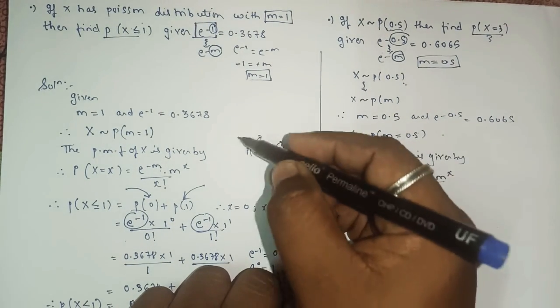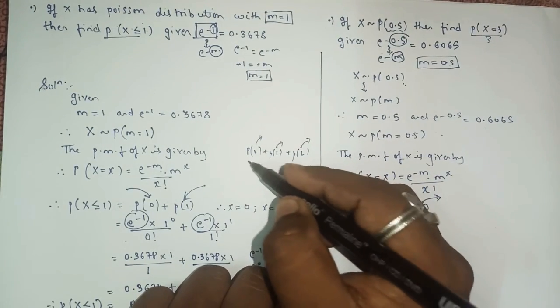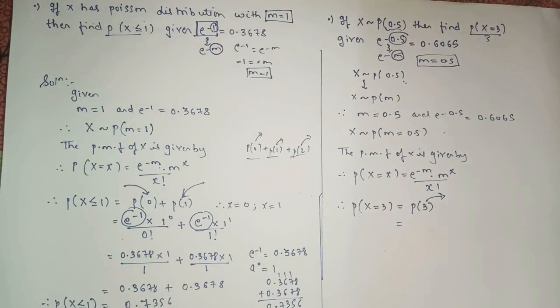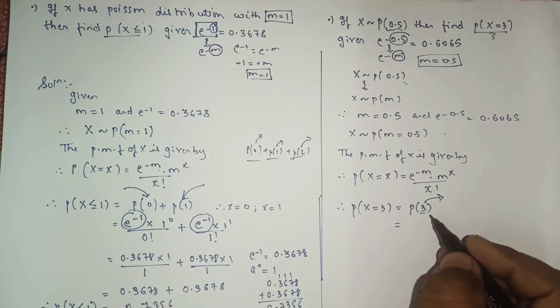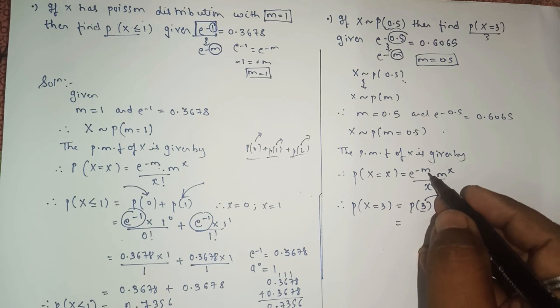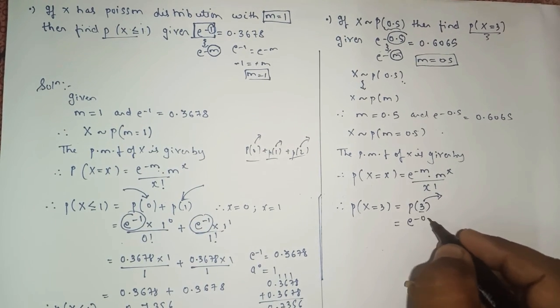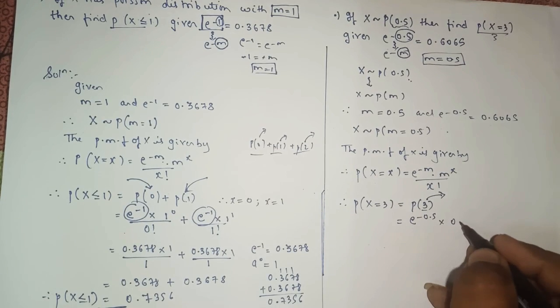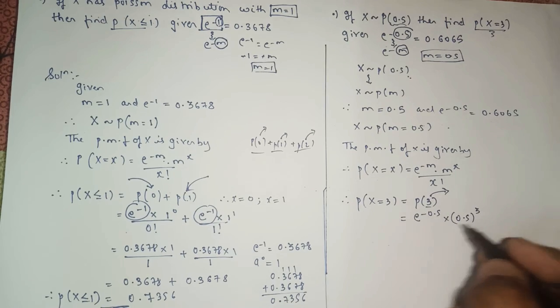That means for that question we have to apply this formula 3 times. Understood? So here simply we'll replace the value of x by 3 and m by 0.5. So e raised to minus m is e raised to minus 0.5, m is 0.5, x is 3 for this sum.